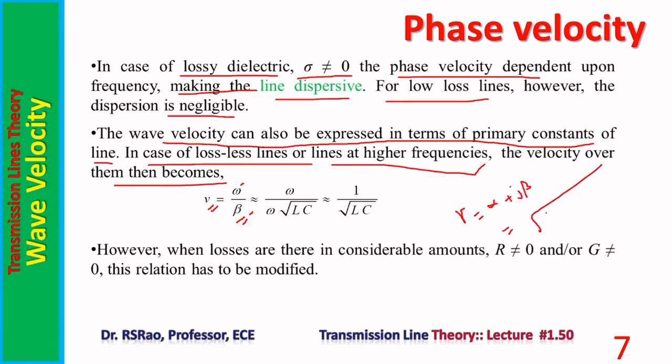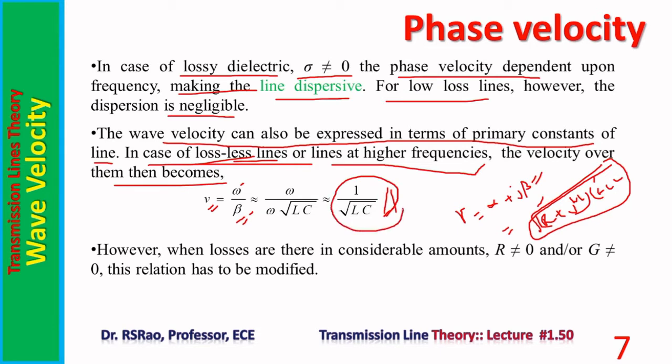Gamma is of course the square root of R plus j omega L multiplied by G plus j omega C. Now, by manipulating this expression, you can find beta. Beta is omega root LC when the line is lossless. When R is 0, G is 0, beta becomes omega root LC. So, V becomes 1 by root LC. Note, this is the transmission line theory expression.